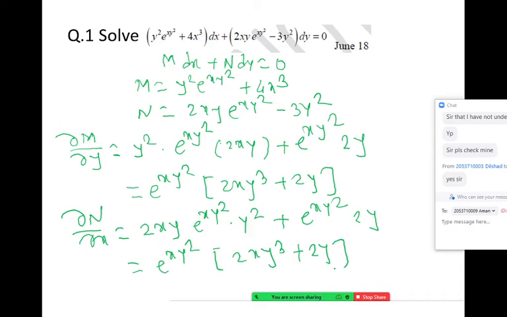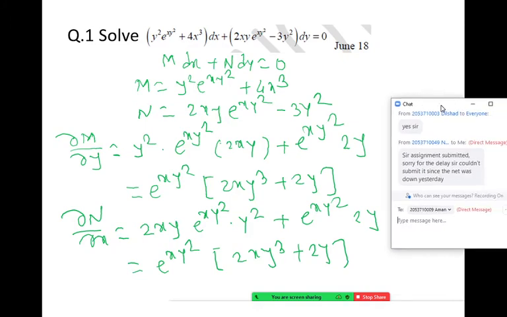So always you have to prove it that the equation is exact, and then only you should use that formula. Don't write the answer directly, because we can use that formula only because the equation is exact.